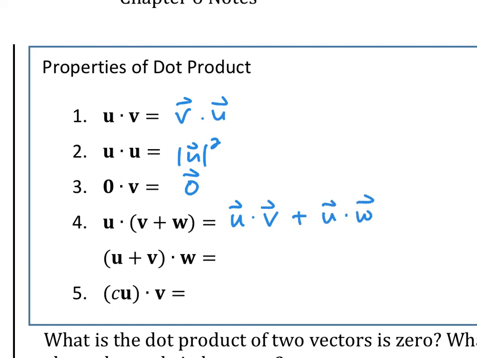Same thing, if you take (u plus v) first and then dot w, it's u dot w plus v dot w. And the last part is if you take a scalar c times vector v and then dot vector u, you can actually change the order you do this. It doesn't matter.